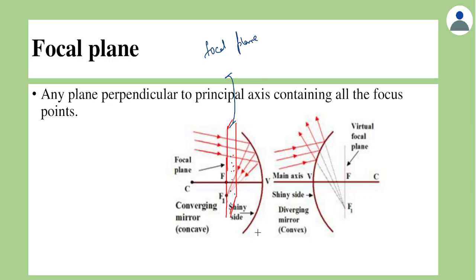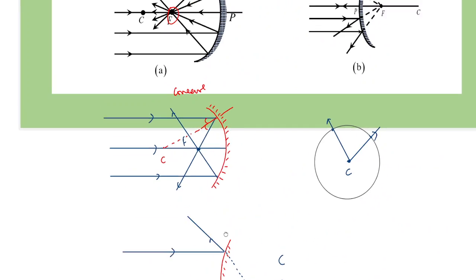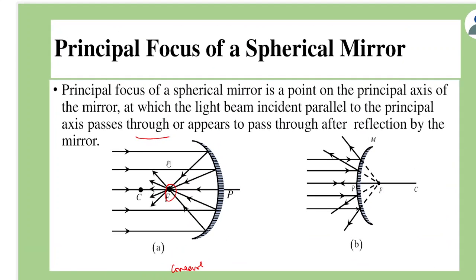The focal plane is a plane which is perpendicular to the principal axis, and this contains all the possible focus points. Out of these infinite focus points, there is one focus point which is very important, and this focus point lies on the principal axis, and that point is called the principal focus. So do remember that principal focus is one of the focus points.